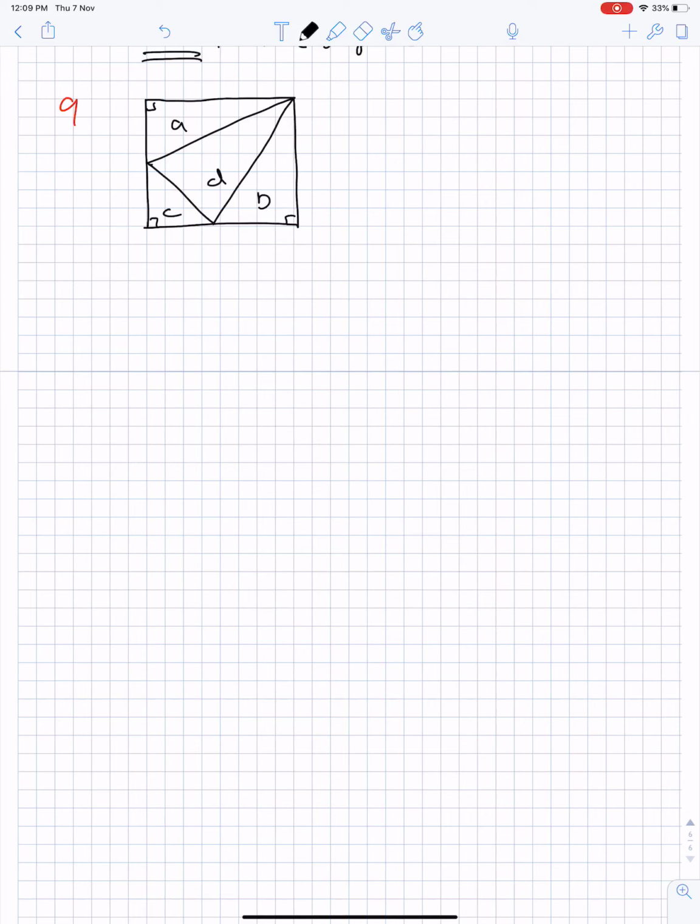And D is two triangles, right? So if we've got 5 pieces in total, A would be 1 out of 5, B would be 1 out of 5, C would be 1 out of 5, and D would be 2 out of 5. I'm not too sure about this one, but I think that's the answer. Might have to double check with that one though.